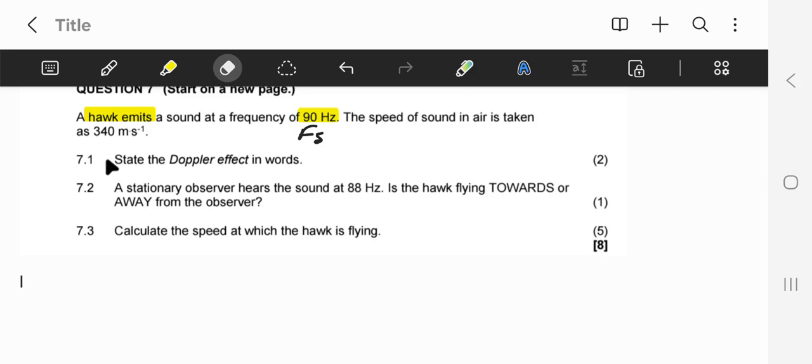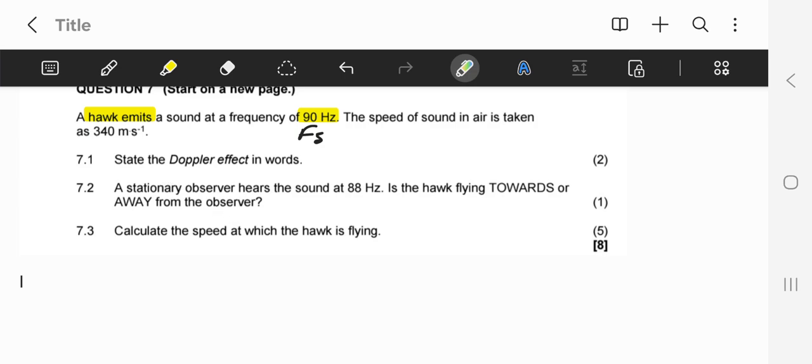On our statement we've been told that the hawk had a frequency of 90 hertz, and here the stationary observer hears the sound at 88 hertz. What does this mean? It means that our frequency has actually decreased.